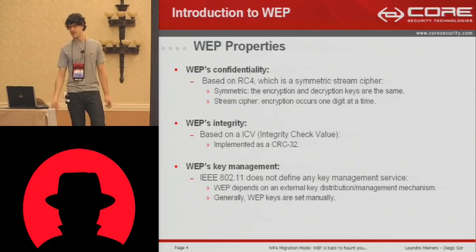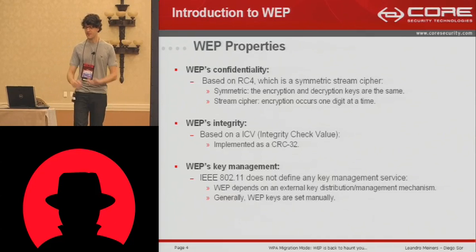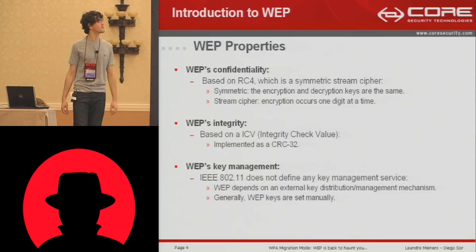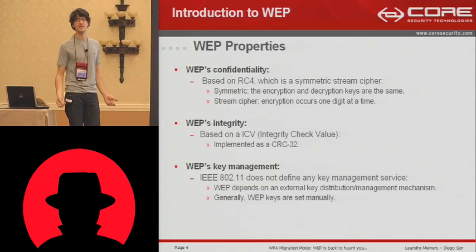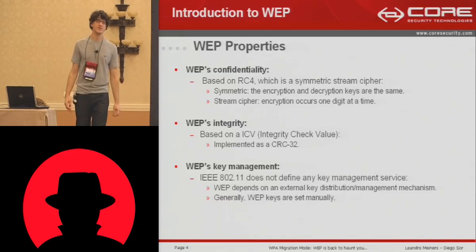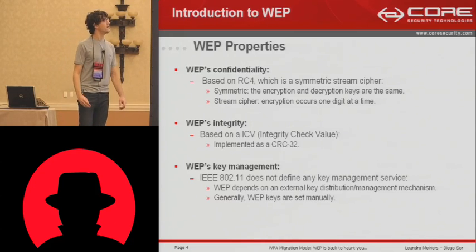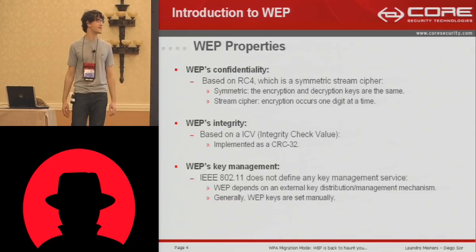So WEP is based on RC4, which is a symmetric cipher, meaning that both endpoints know the key and the key is the same on both endpoints. And it is a stream cipher, which means that the encryption happens one digit at a time, so each digit is encrypted independently of the rest of the stream or the packet.